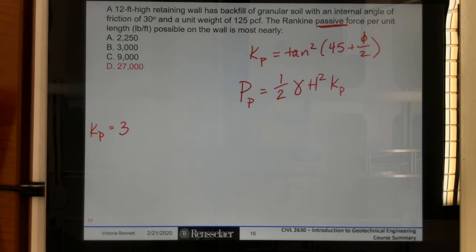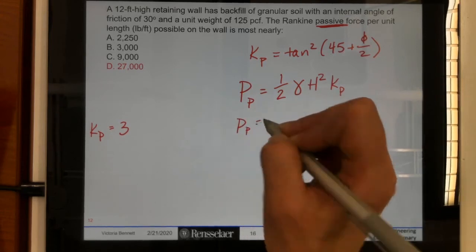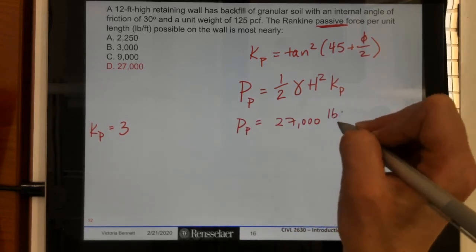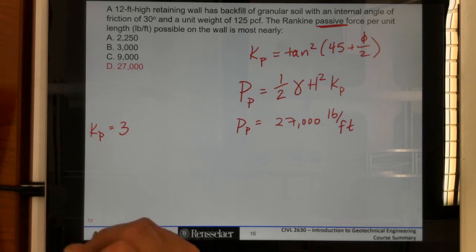The unit weight they give you. So the passive pressure comes out to be 27,000. Passive force per unit length. So I think those are going to be straightforward.